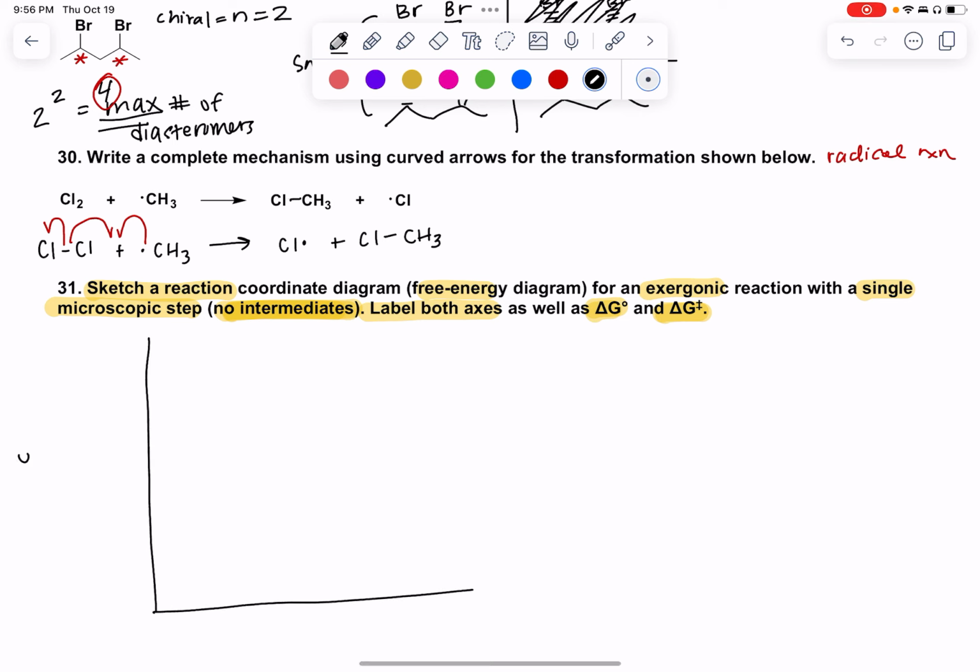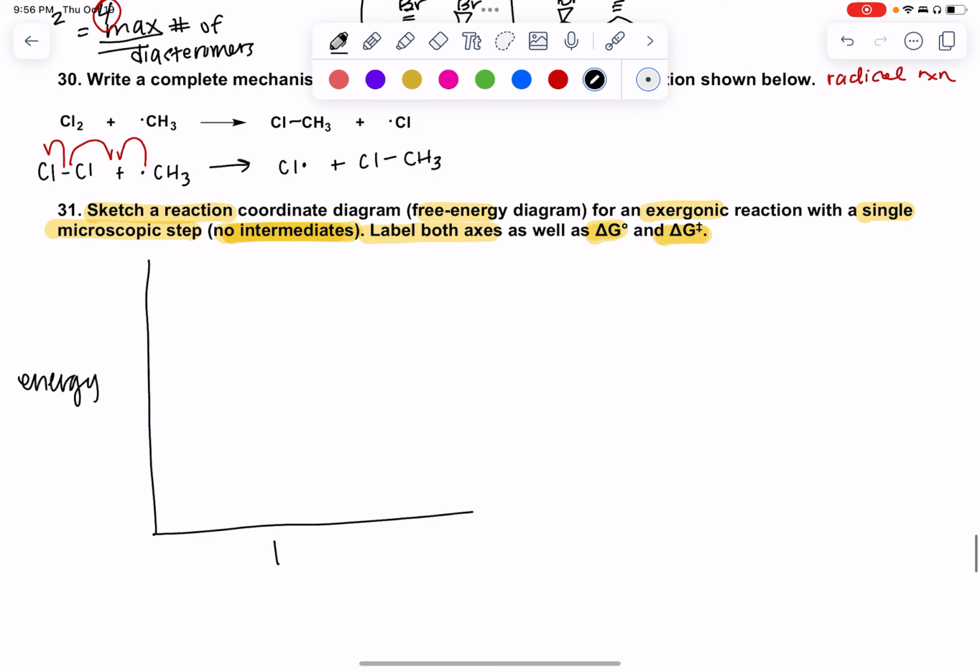All right, so we have energy over here. We have time over here. Remember, a reaction happens over time, and it takes energy for a reaction to begin. He wants it to be exergonic, meaning that it's going to lose heat. So our products should be lower in energy than our reactants.